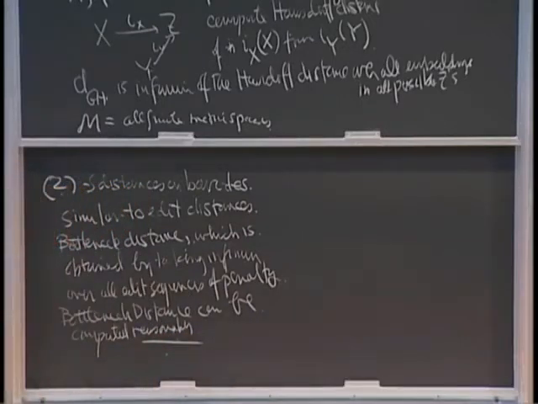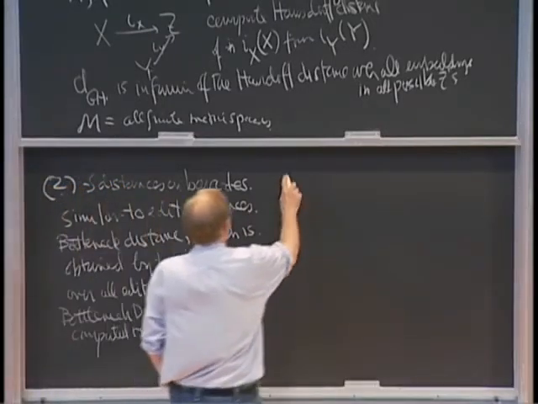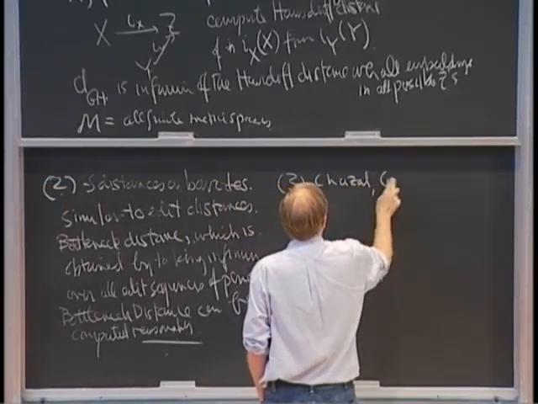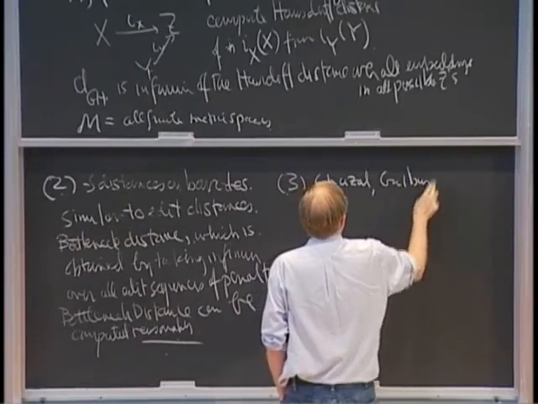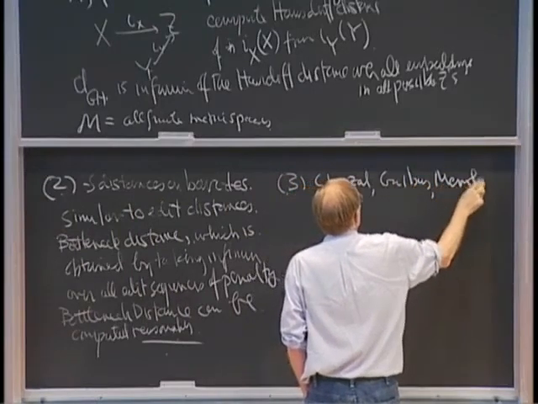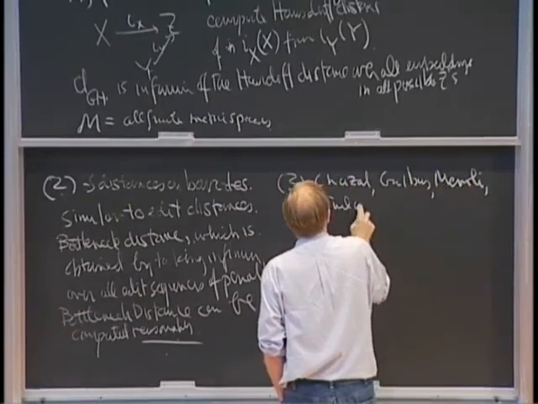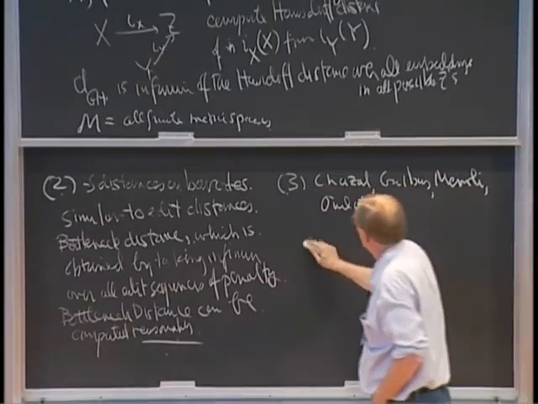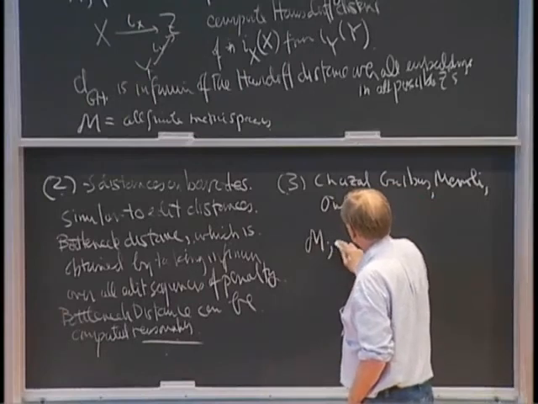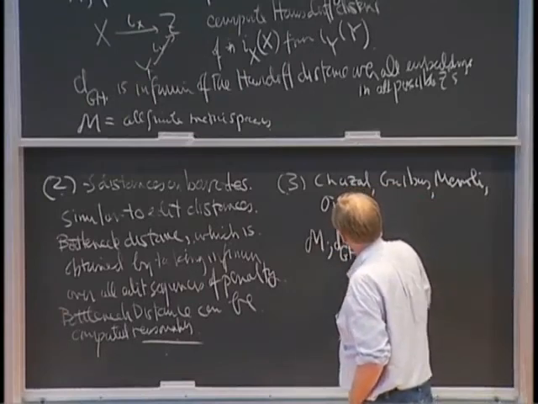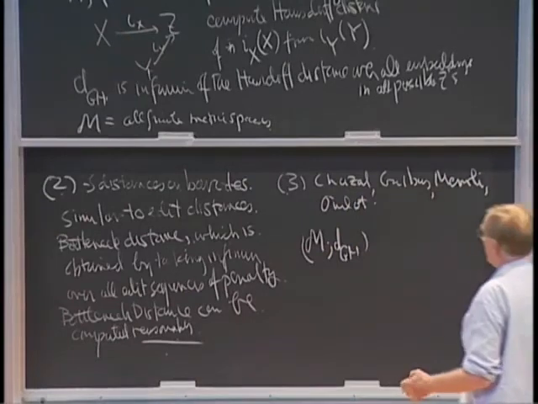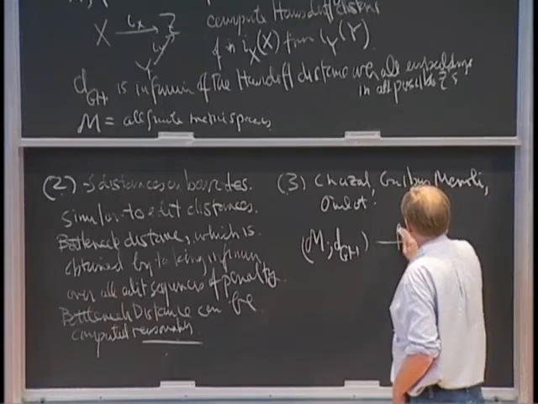And then the third fact now, which is a theorem of Mémoli and Carlsson, is that if I take my M here, with its distance function d Gromov-Hausdorff, for each finite metric space, I can assign to it its k-dimensional barcode.